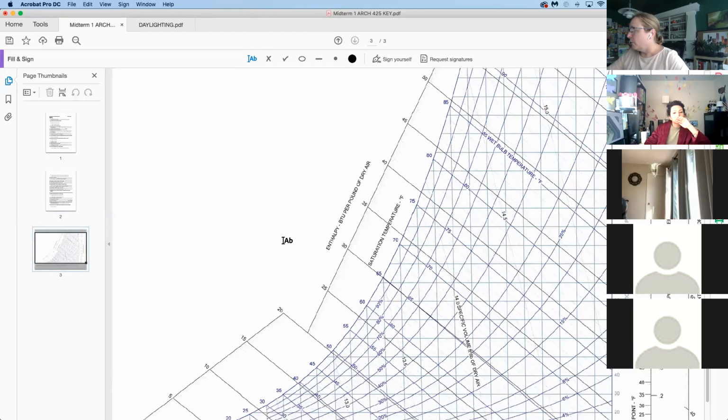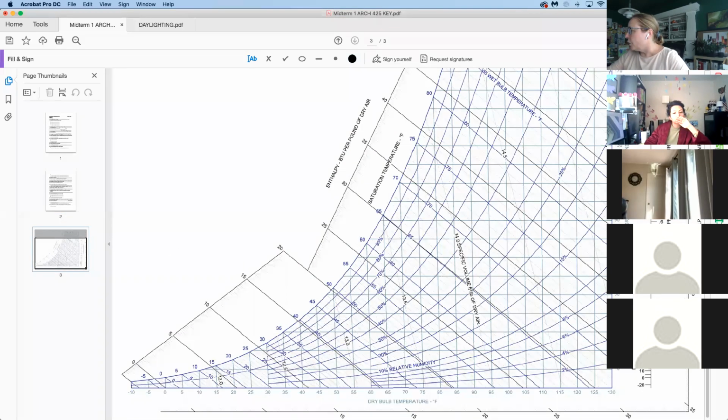So we're looking for the humidity ratio, which is along the right-hand side of the chart, at 30% relative humidity, following the relative humidity curve up until it hits the wet bulb temperature of 70.